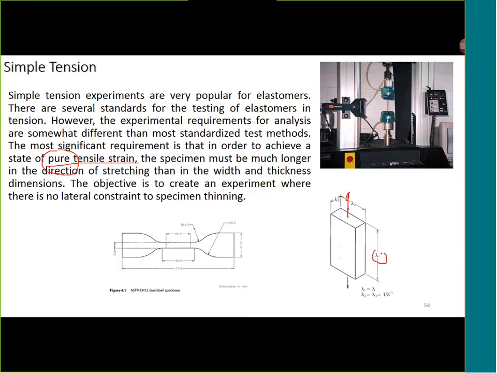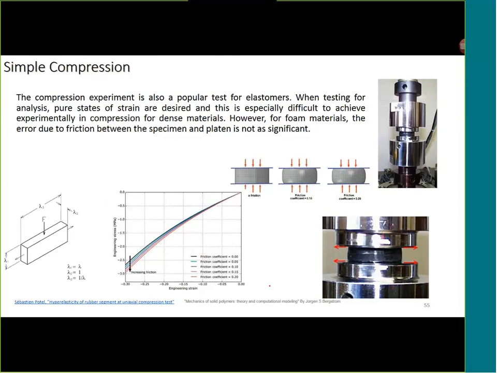There will be a contraction in the other two directions because of the Poisson's ratio effect. If it stretches by lambda in the loading direction, the other two directions are going to contract by 1 by square root of lambda times.